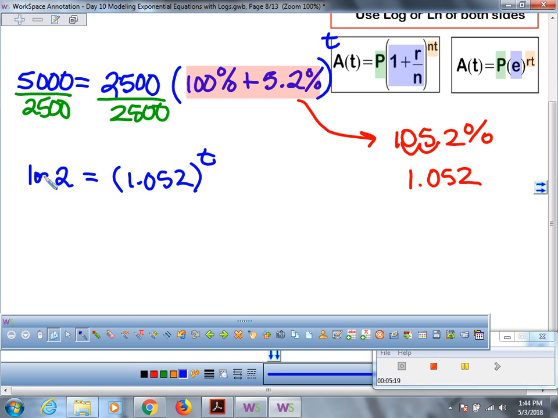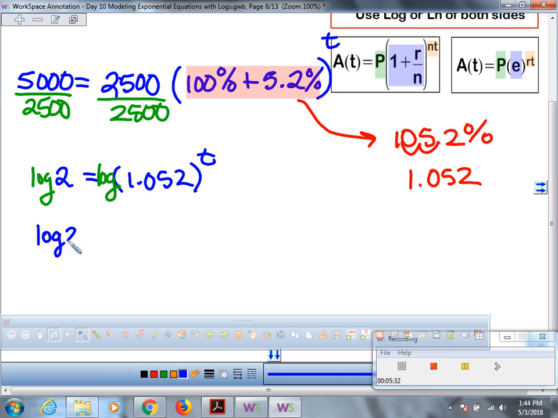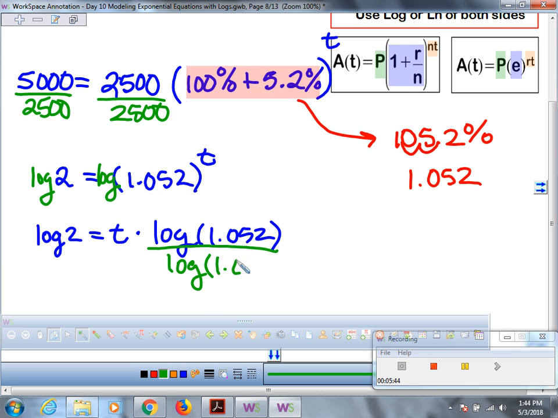So log this side, change my color, log this side, and log that side, and we're left with log 2 equals t times log 1.052. Now just divide both sides by log 1.052.